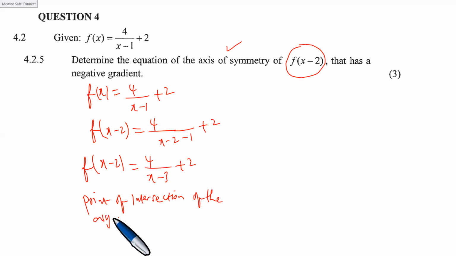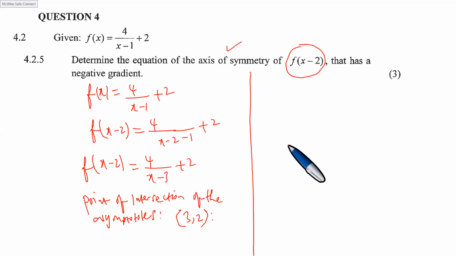Where do the asymptotes meet? They intersect at 3, 2. If they intersect at 3, 2, then for the axes of symmetry, there are 2 of them, you always have y equals plus or minus x plus c. So you just choose plus or minus.